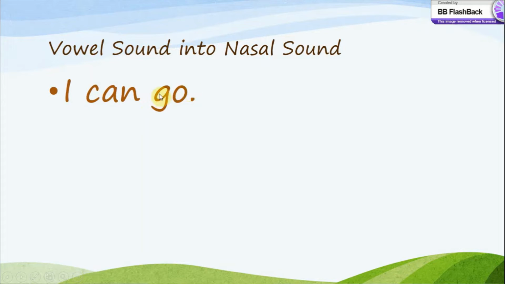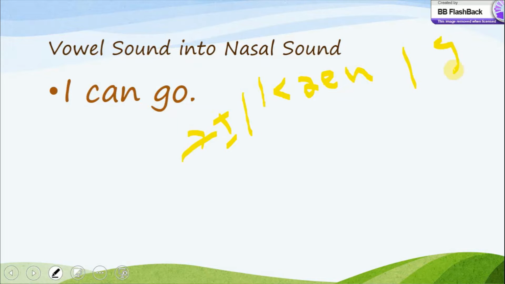For example, I can go. Instead of saying "I can go" with a clear n, this n will further assimilate to the g, and we say "I can go". I'll show you how it happens. This is what we say, can, right? I would be I and go would be like that, but we will say I can go.